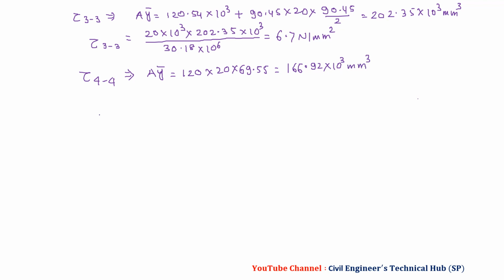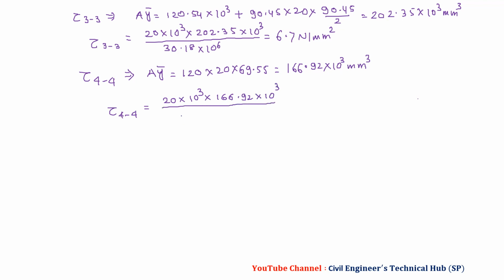And then we have tau at 4,4, V AY bar. So V AY bar we have 166.92 into 10 raised to 3.